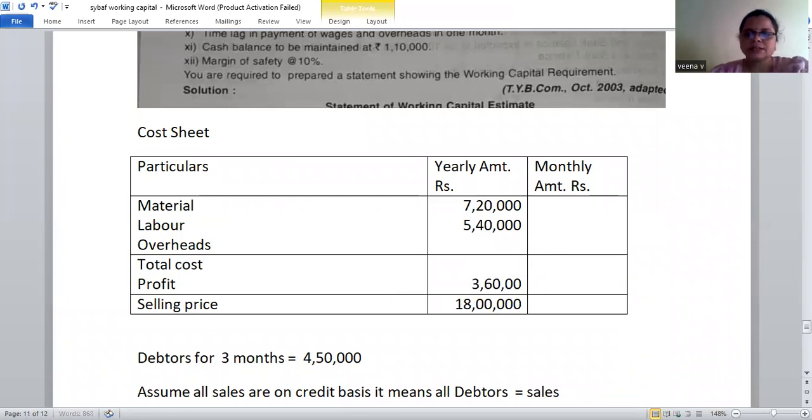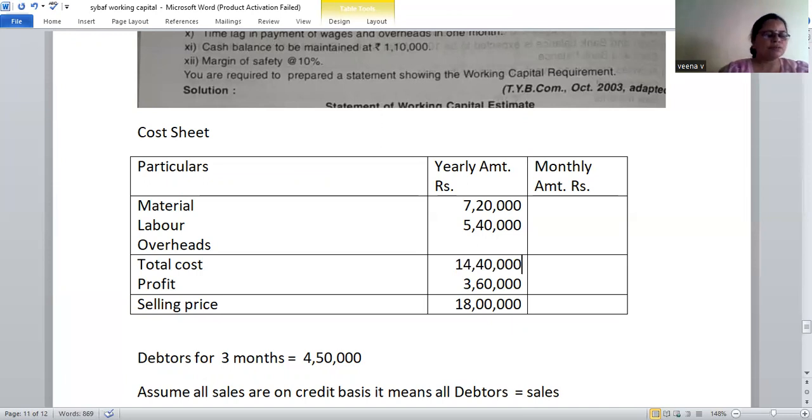Yearly profit is 3,60,000. Now 18 lakhs minus 3,60,000 is equal to 14,40,000. So here we have to write 14,40,000 as our total cost.